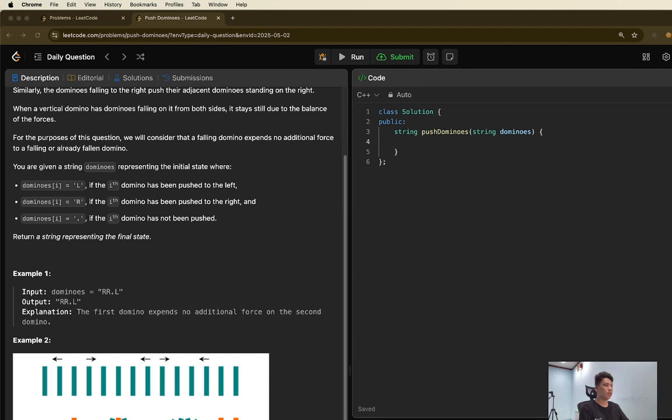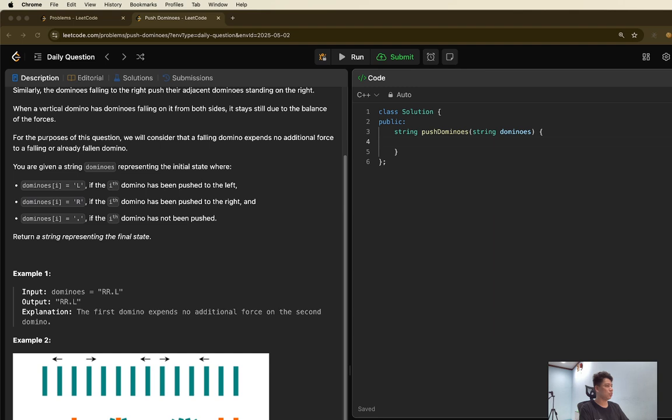We iterate from left to right, dot, L, dot, L, dot. For example, we iterate from left to right until we meet a left or right character, L or R. If it's, for example, left, then from the first element to that position all fall to the left.